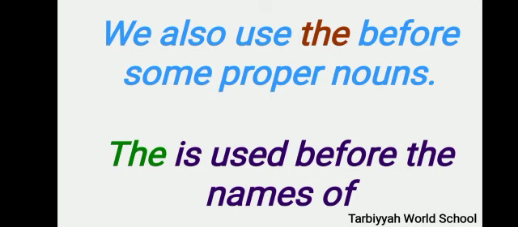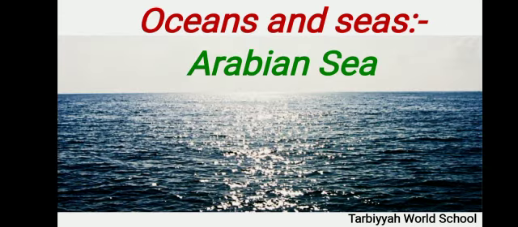Now see, we also use the before some proper nouns. Proper nouns are the special names of a person, place, animal or thing. The is used before the names of oceans and seas.